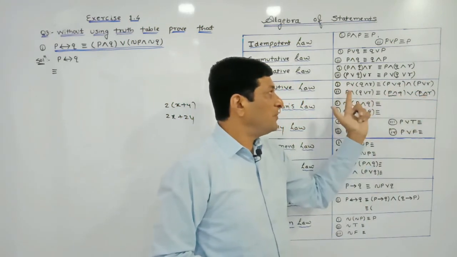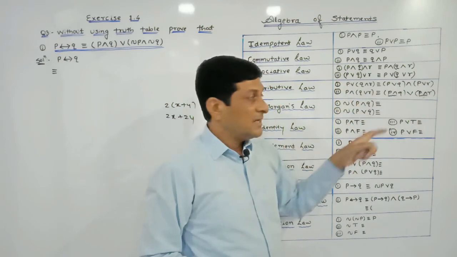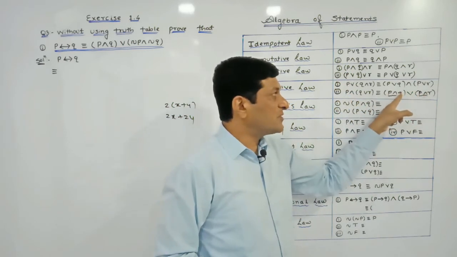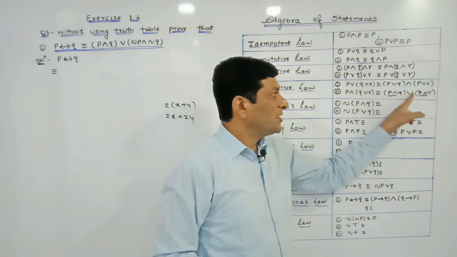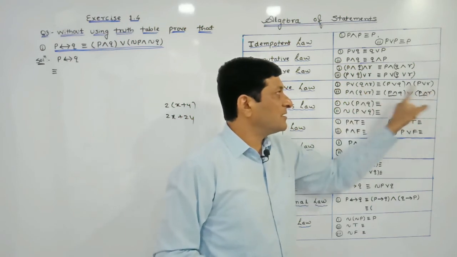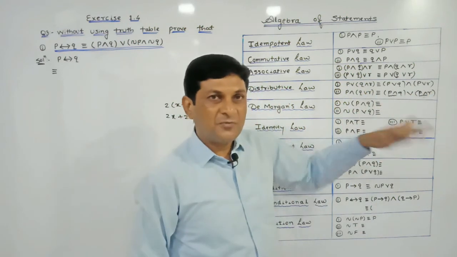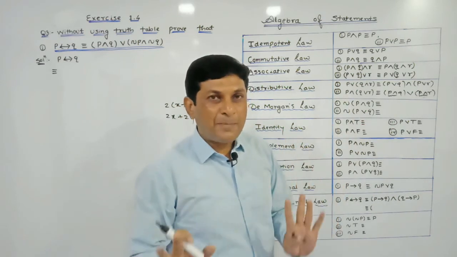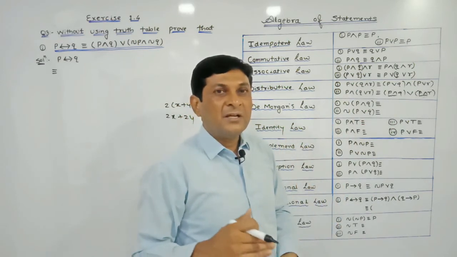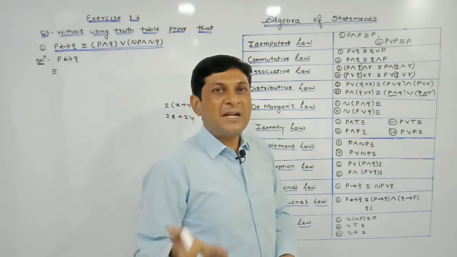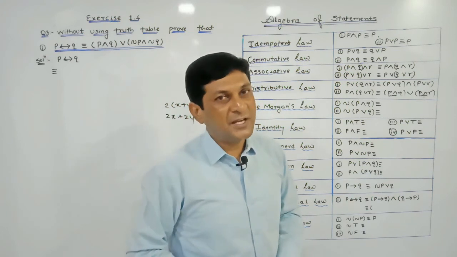So we can take P and common from both brackets. If I take P and common, the remaining term in the first bracket is Q, keep or as it is, and the remaining term is R. Means in both ways we can apply the distributive property. Which method we have to apply depends on the given condition in the example.